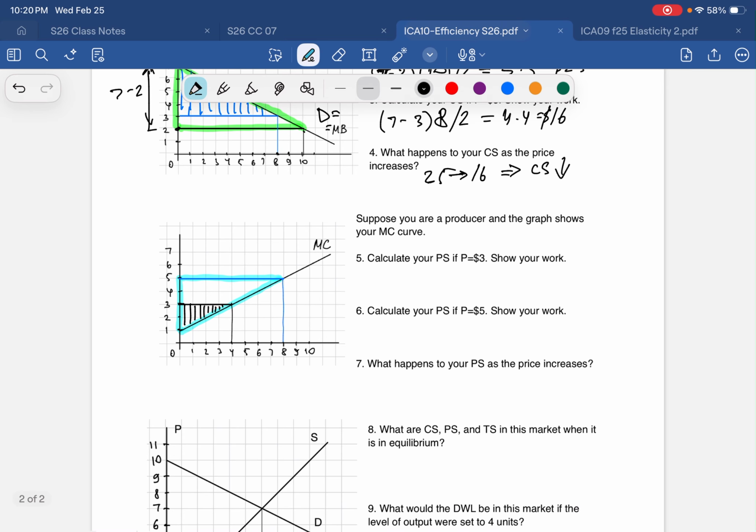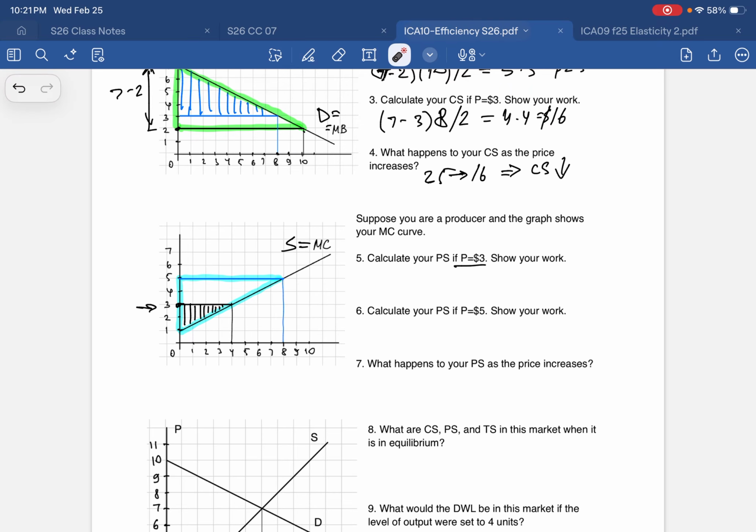Now, similar story for producers. So producer surplus is there below the price and above the marginal cost or supply curve. So we have two cases here. At $3, when price is here, you just need to calculate the area of this triangle.